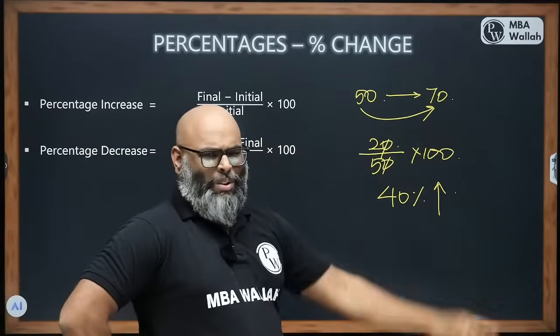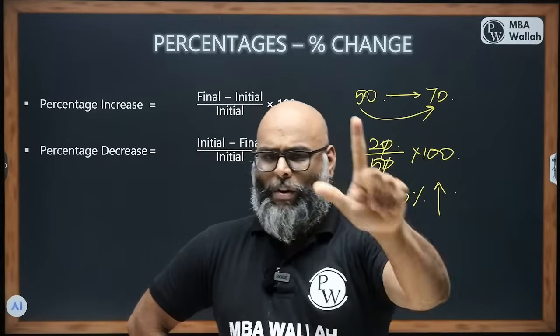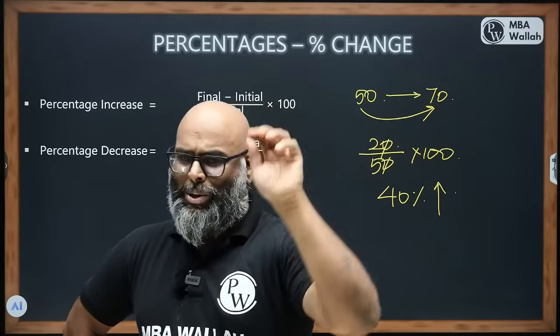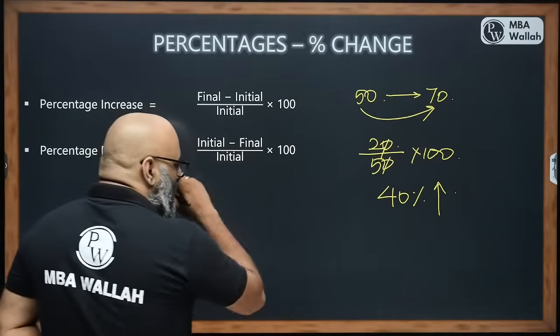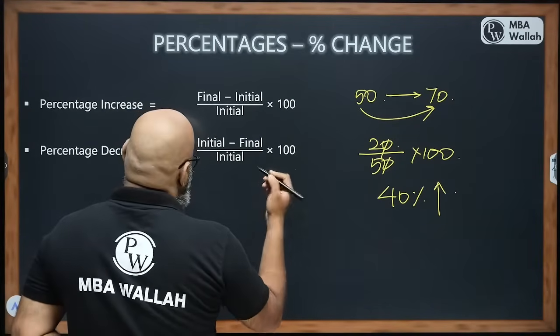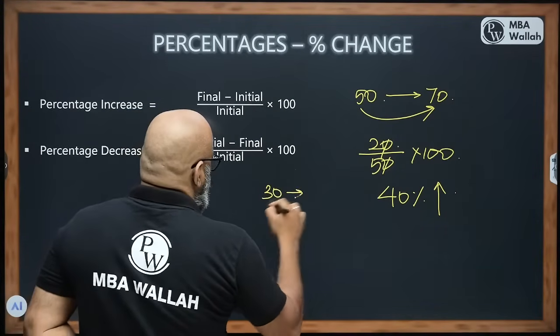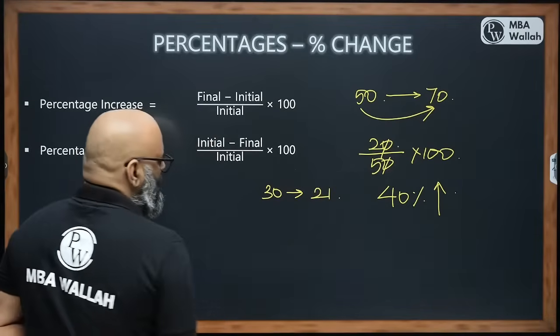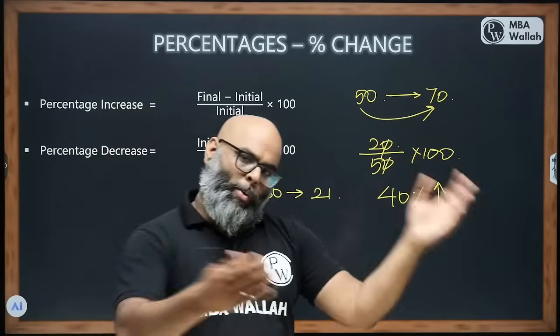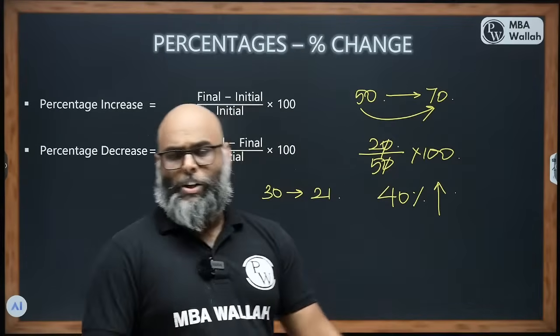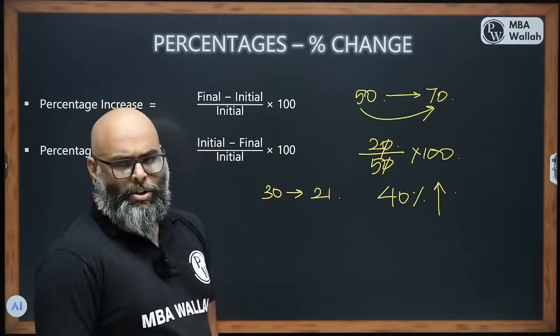That's all. What is the change? From where is the change? Ask two questions, you have your answer. If I say the value has changed from, let's say, 30, it has gone to 21. The price was 30, it has gone to 21. What is the percentage change? Look at the difference. What is the difference here?